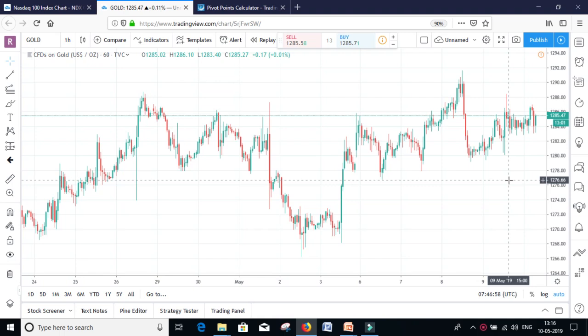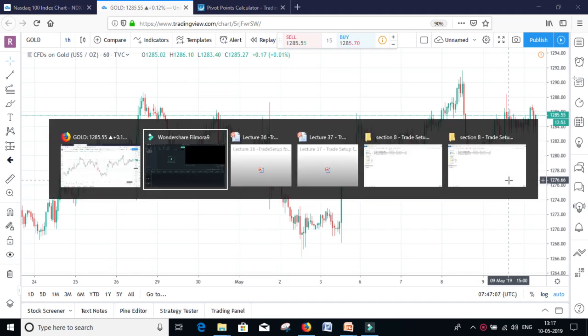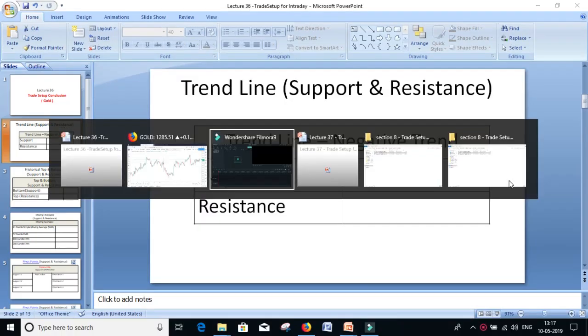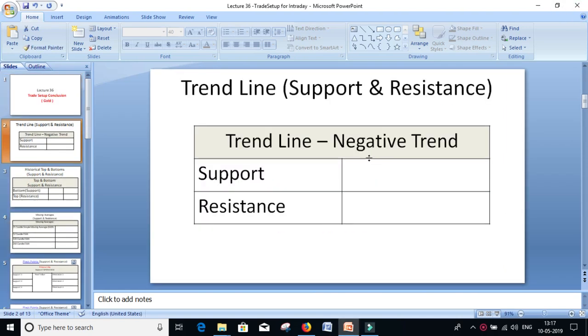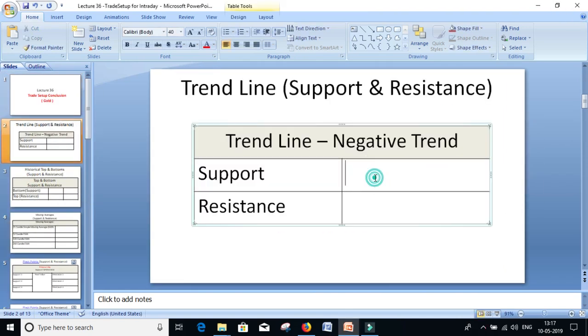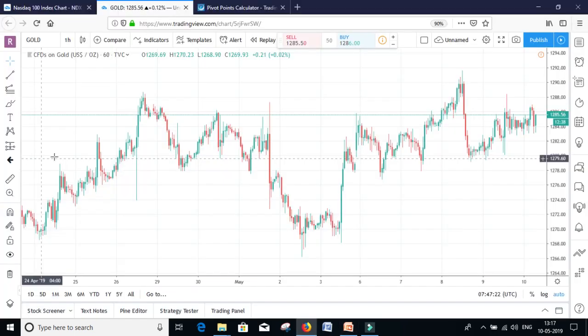So the first tool that we use is the trend line. With the help of the trend line, we can identify the major supports and major resistances. So we have to just draw a trend line and identify what the trend is. First we draw a trend line.